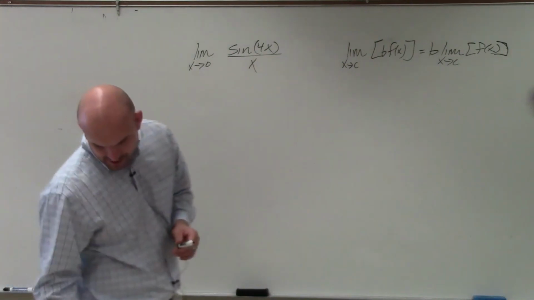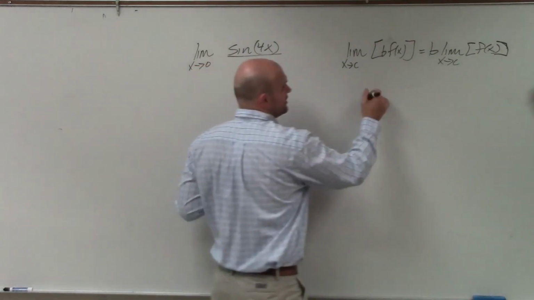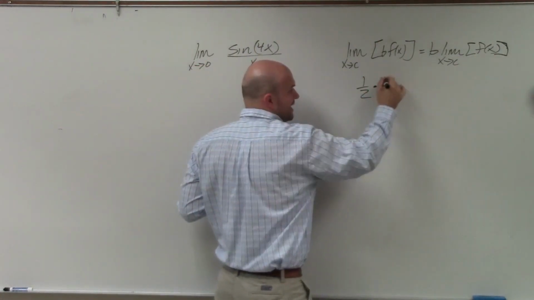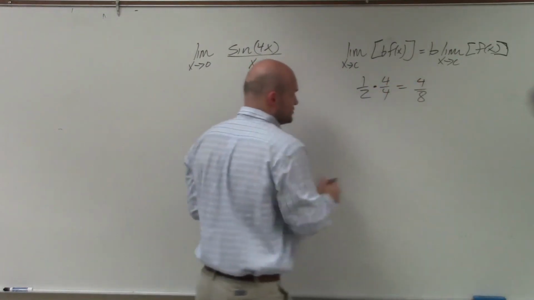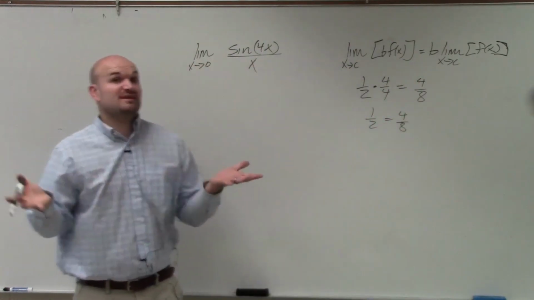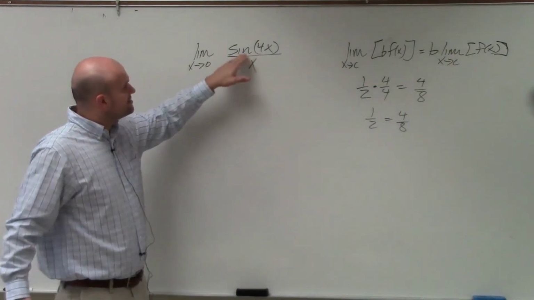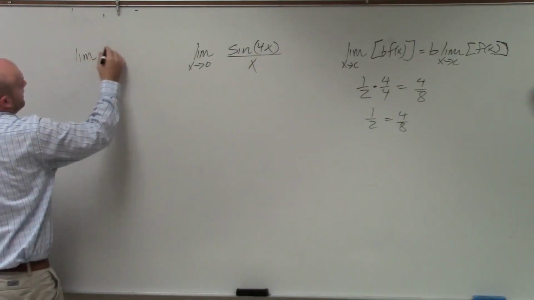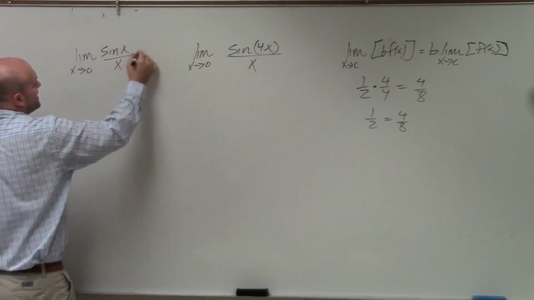What I want you guys to understand here, and remember another idea: if you have 1/2 and you multiply by 4 over 4, you get 4/8. Do you guys agree with me that 1/2 is equal to 4 over 8? As long as you multiply by the same number, you're okay, right? Now, the only rule that we have is that the limit as x approaches 0 of sine of x over x is equal to 1.